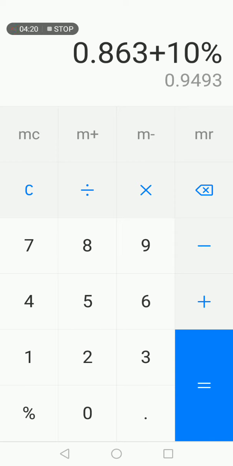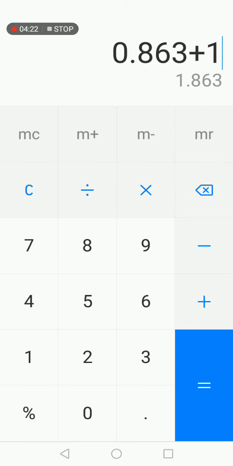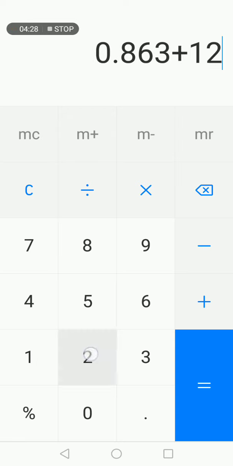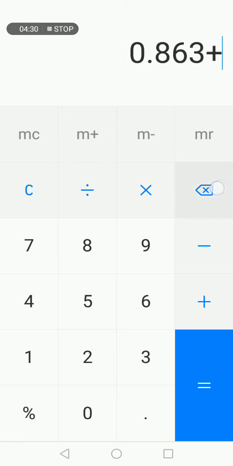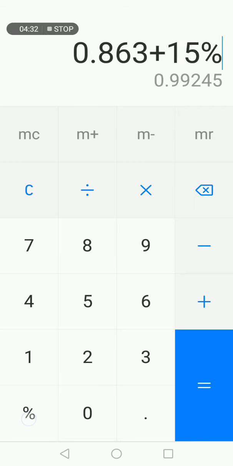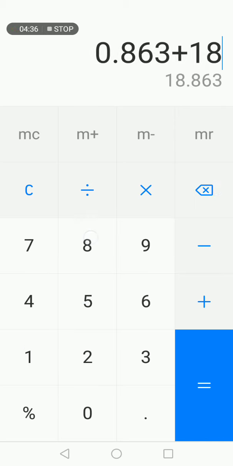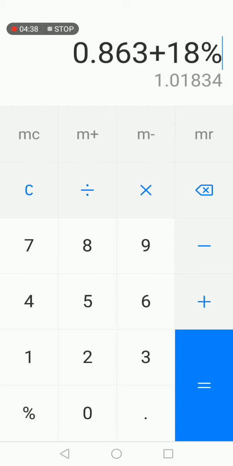It's not yet up to $1. You see, I want to make sure it's at $1. Okay, so let me use 12%. Still not yet at one. Let me use 15%. Still not yet at $1. Let me use 18%. Good. So it is at $1 now.